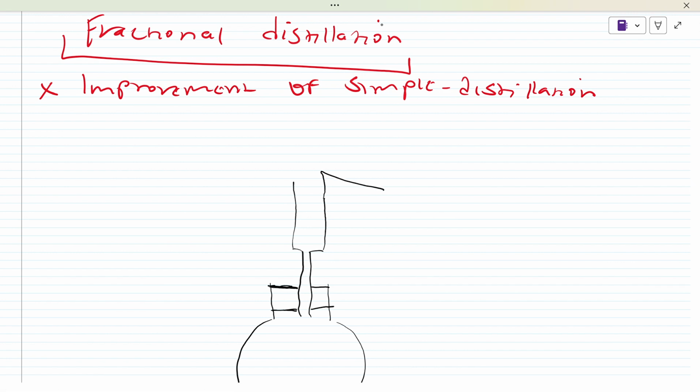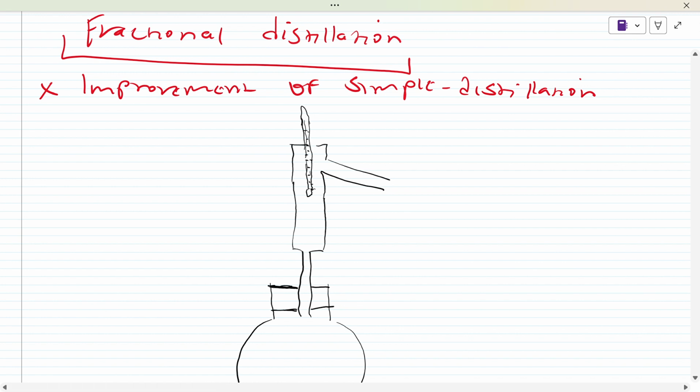to another system. Then this is where now we are going to have our thermometer. So that's our thermometer.